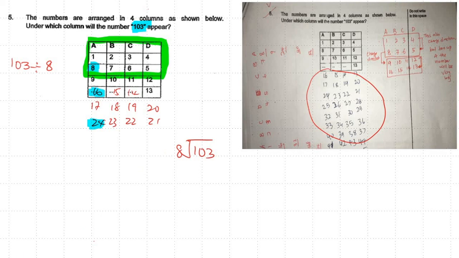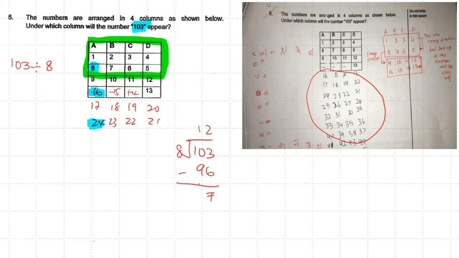If you were to punch the calculator, 103 divided by 8 will give me a decimal, but I don't want a decimal. I want to know the remaining.